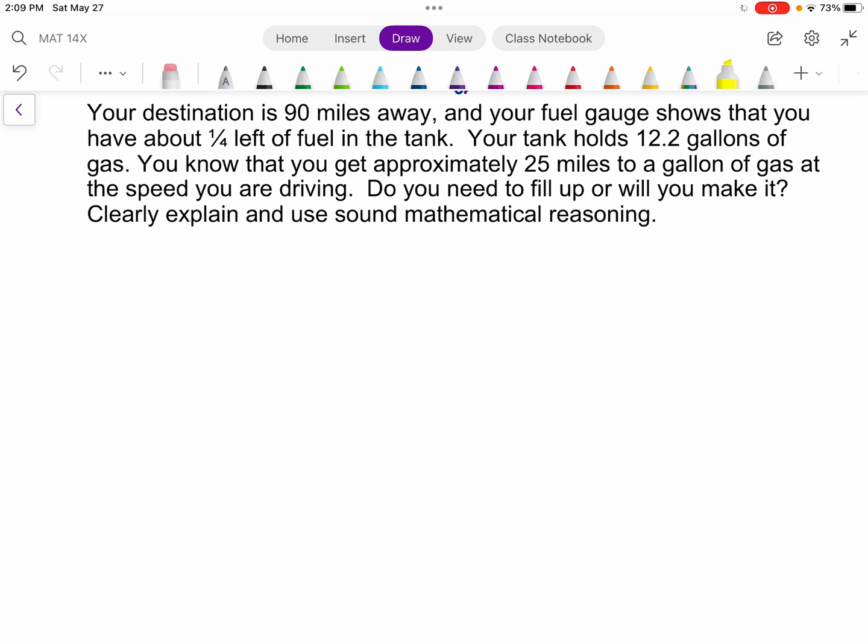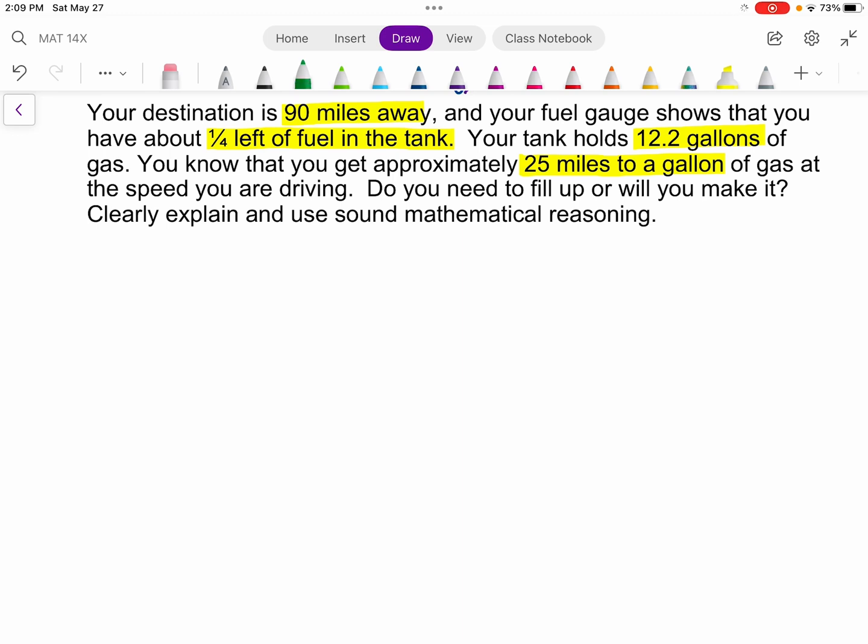So my destination is 90 miles away, and the fuel gauge on your tank shows about a quarter of a tank left. Now, if my tank is full, it holds 12.2 gallons of gas, and I know that I get about 25 miles to a gallon. And so I need to know, should I fill it up or not, and then back up my conclusion with math.